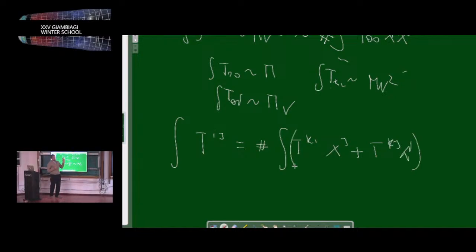I want to trace it with this, Tkj xi. This is the standard trick that allows you to trade the moments of the space-space component of the energy momentum tensor for moments of the mass of the source. I hope you can read what I wrote.